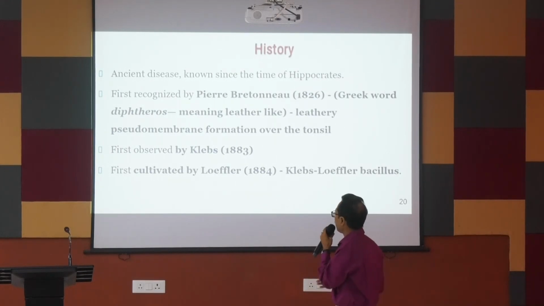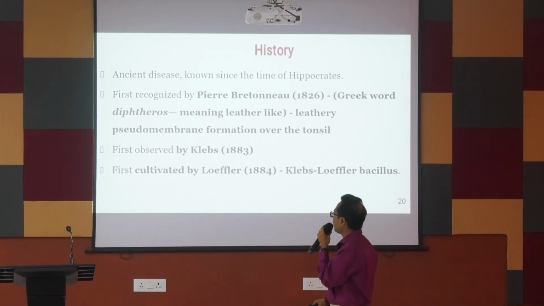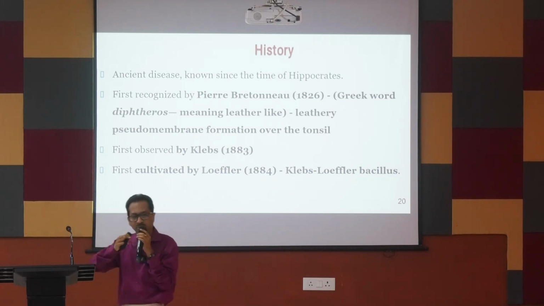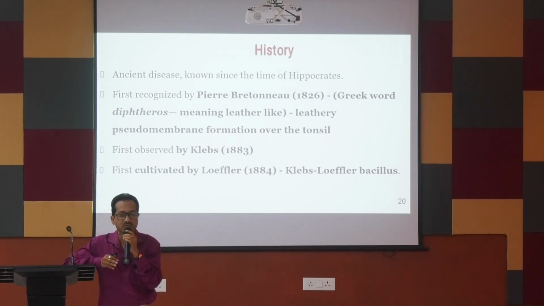Now what is the history? In 1826, Pierre Bretonneau gave the name diphtheros, meaning leather-like. Why has he given leather-like? When we go to the pathogenesis or the disease process, there will be a pseudo-membrane. A leather-like membrane usually forms over the tonsillar fossa.